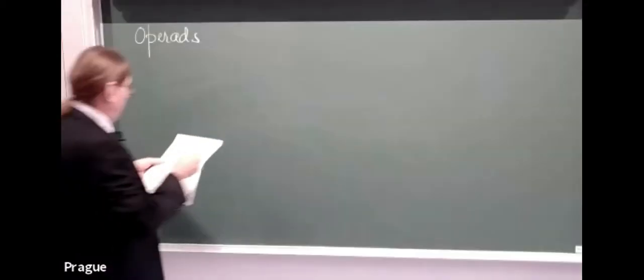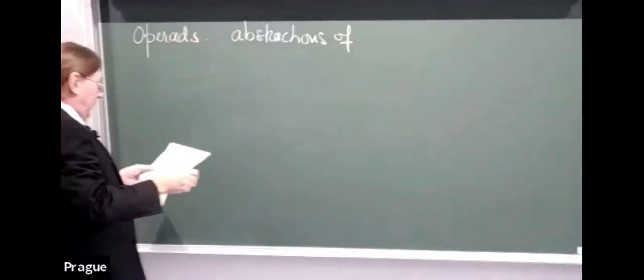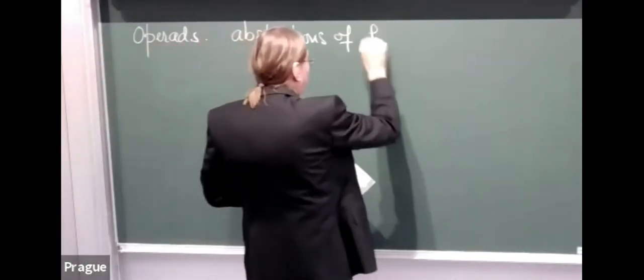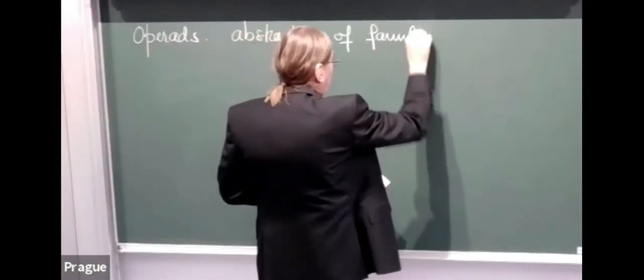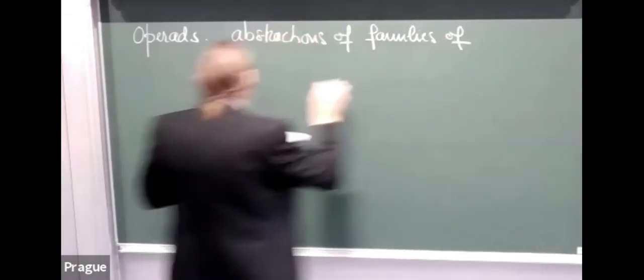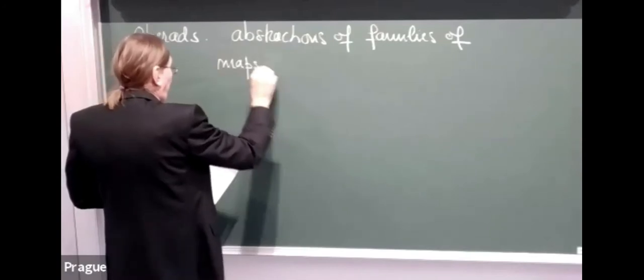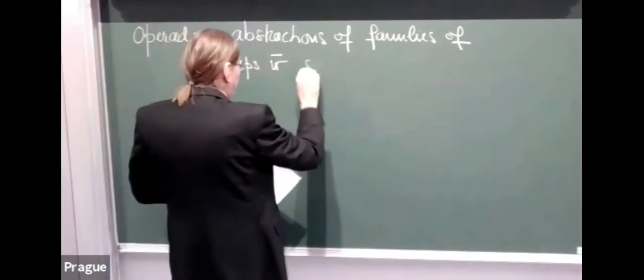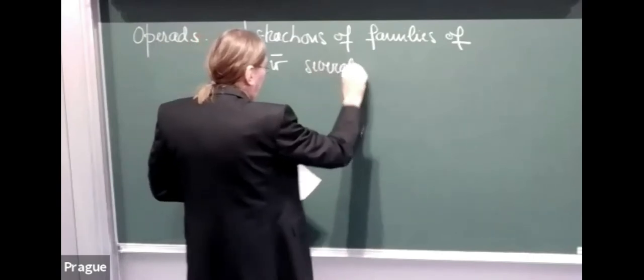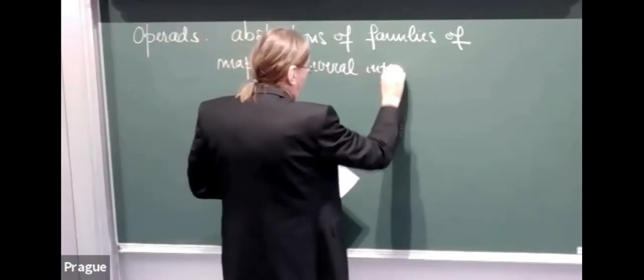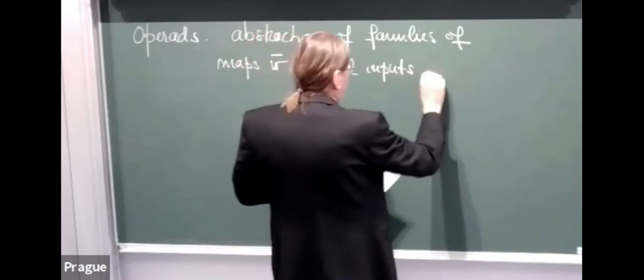Okay, so operads may be thought of as abstractions of families of maps, let's say maps with several inputs and one output.